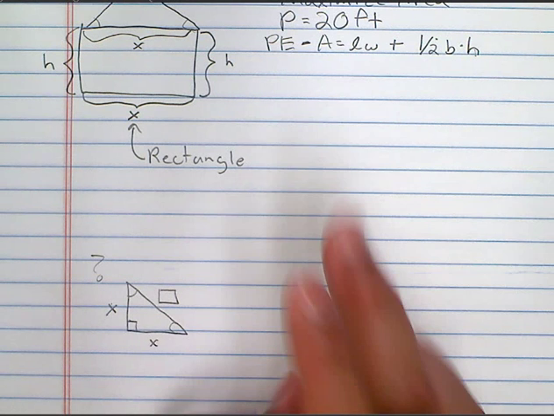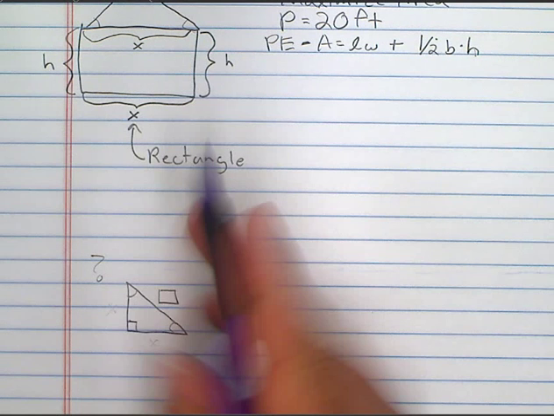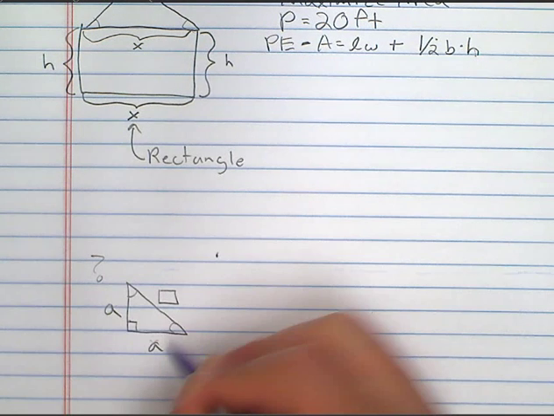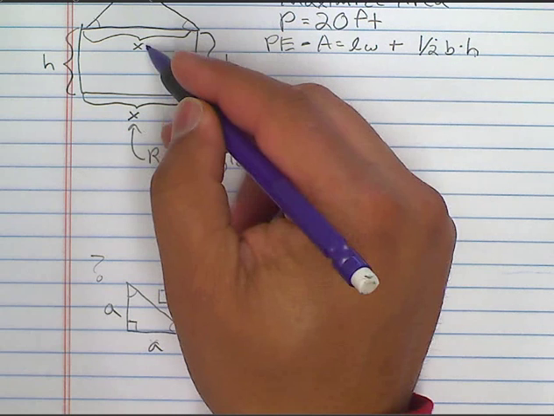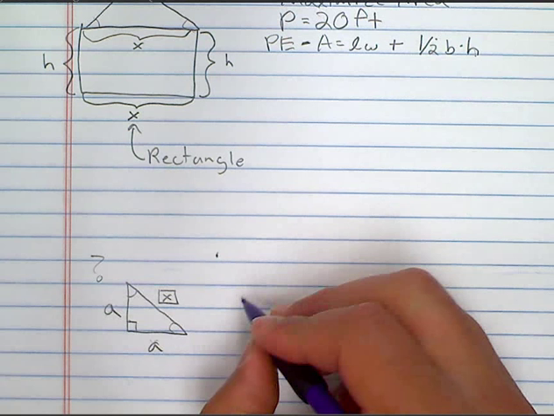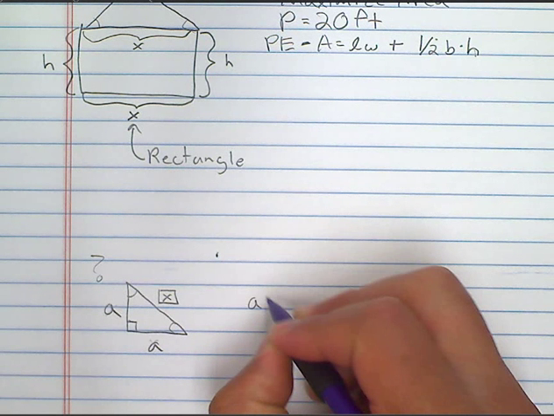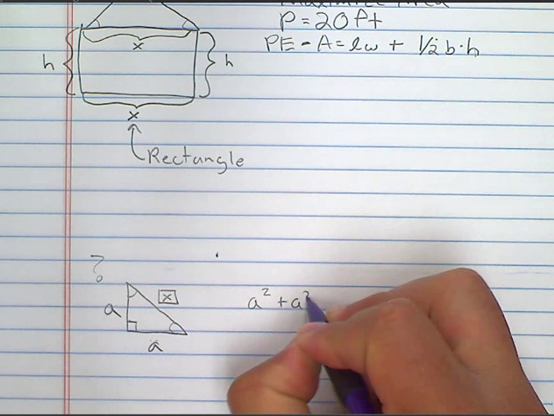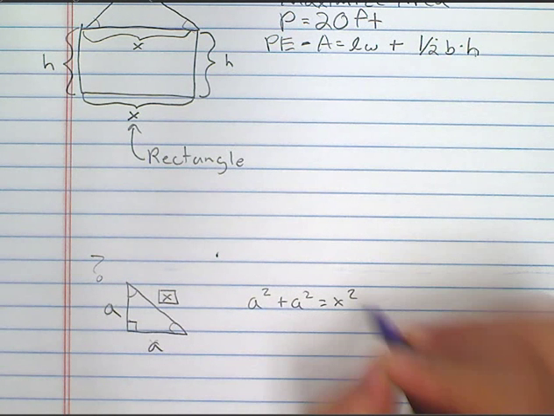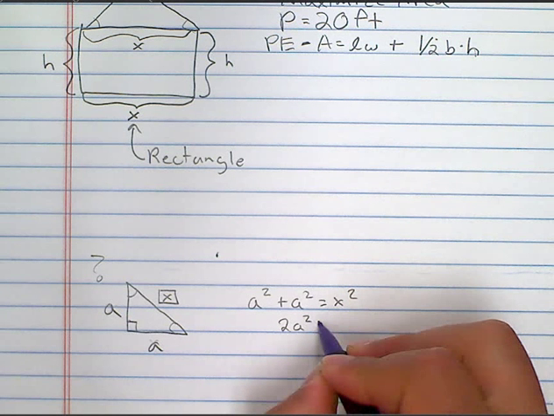Actually, the other way around. Let's make these a and a, and that's already x. So a squared plus a squared equals x squared. Well, that's 2a squared equals x squared.